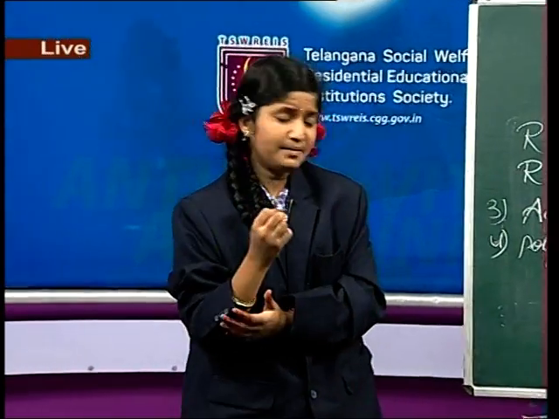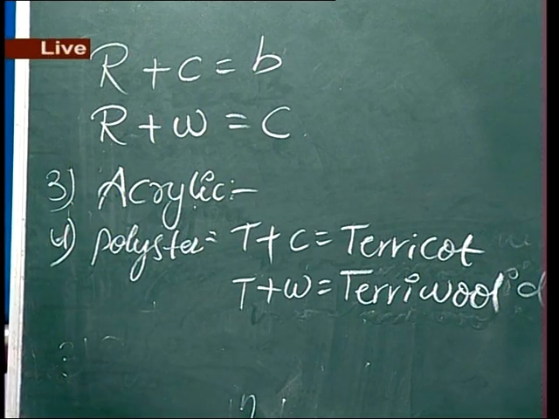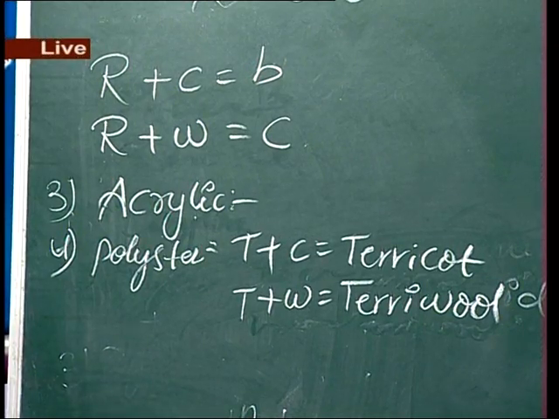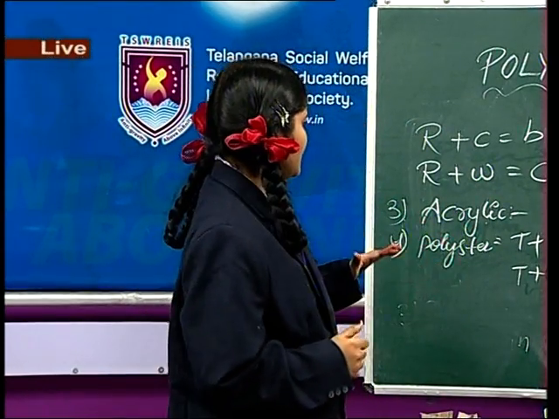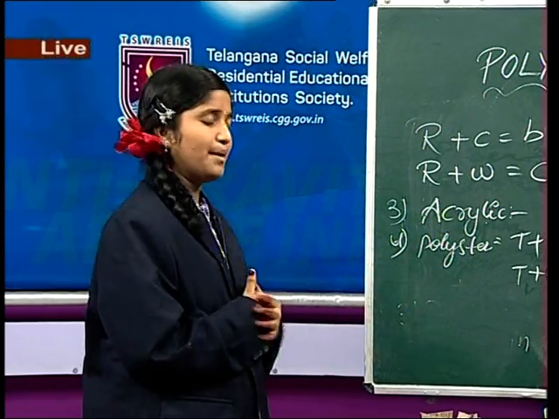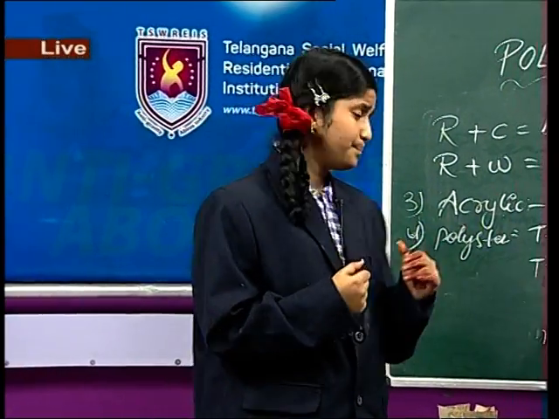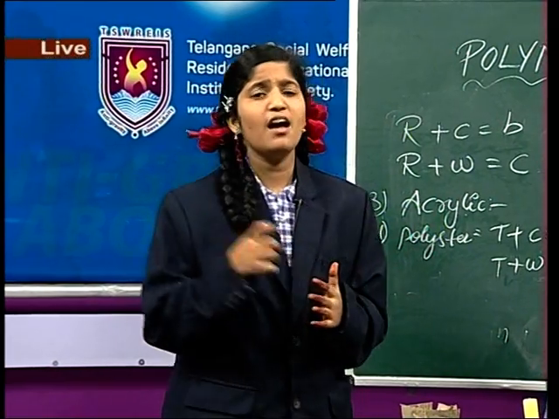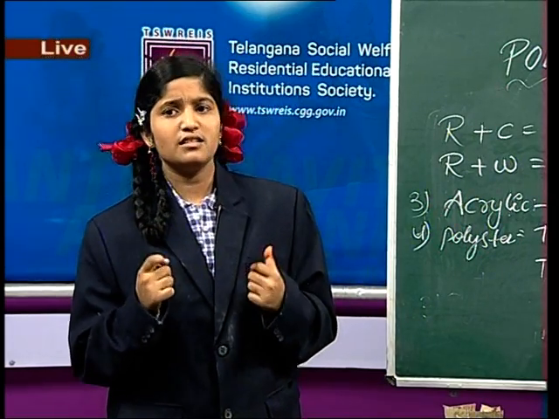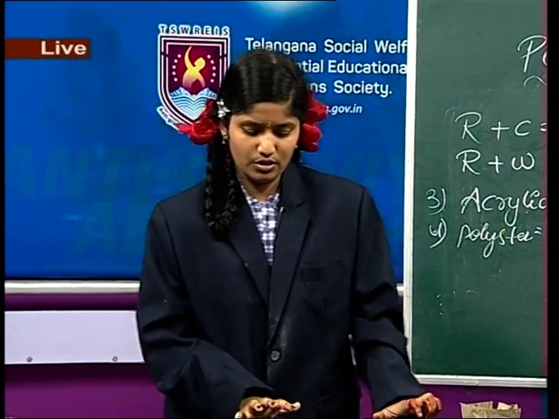Okay friends, and polyester is reacted with diethylene glycol, terephthalic acid, dimethyl terephthalate, etc. And polyester can be melted and spun, and this property can make the fibers into different shapes and different sizes. Okay friends, have you understood about polyester? And now see on a slide.